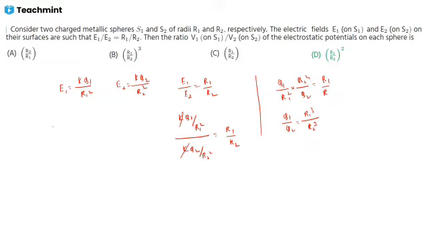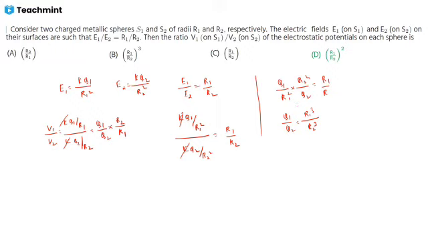Now let us find out the potentials ratio. V1 by V2 is equal to, by the formula, KQ1 by R1 divided by KQ2 by R2. Okay, K will get cancelled and it is Q1 by Q2 into R2 by R1.